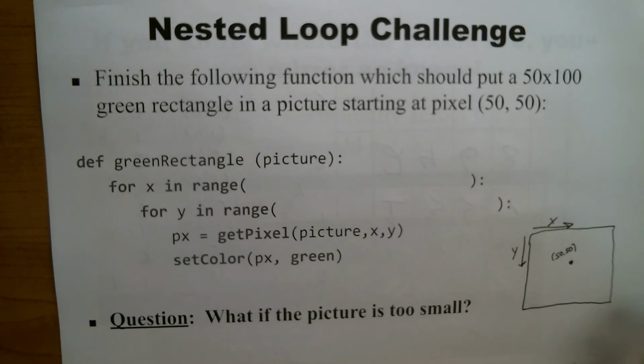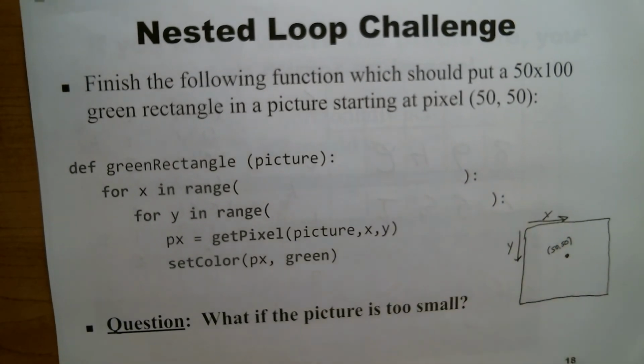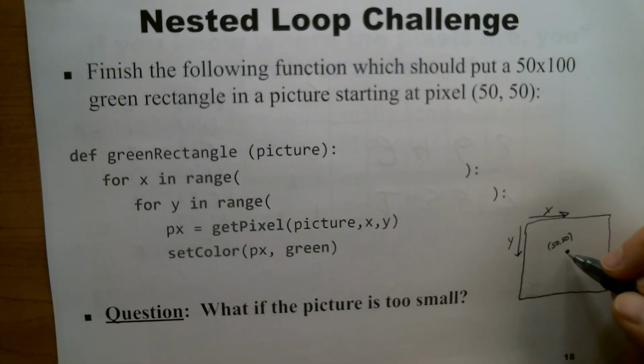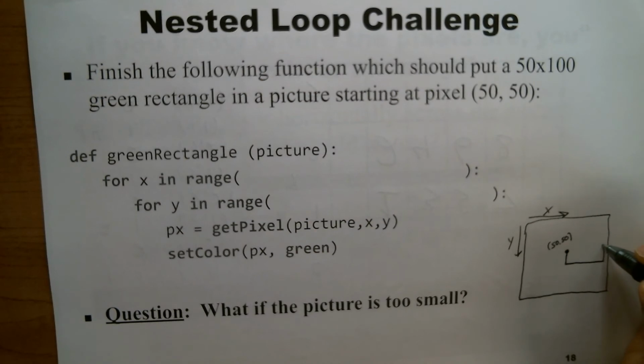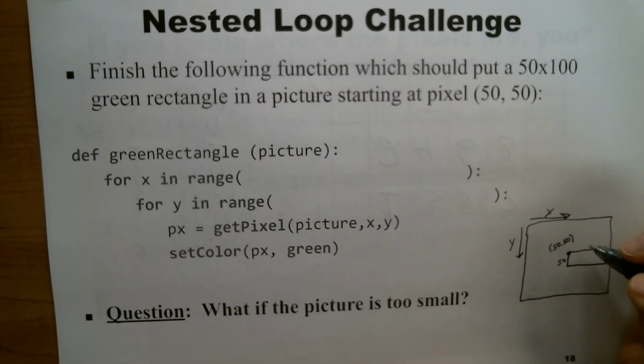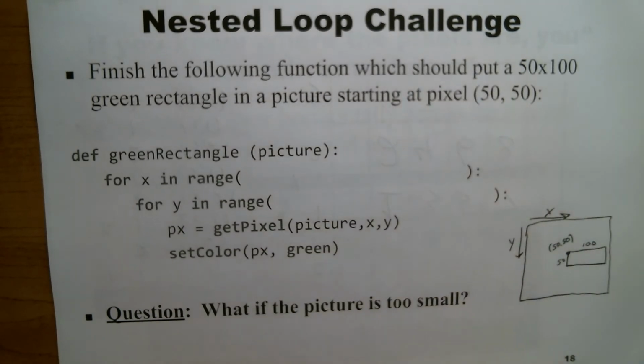And then at this point, you're creating a rectangle that's 50 by 100. So 50 tall and 100 wide. We're making a green rectangle that has 50 here, 50 tall, and 100 here.